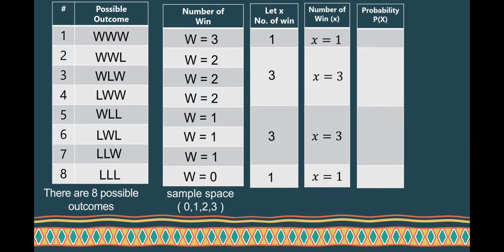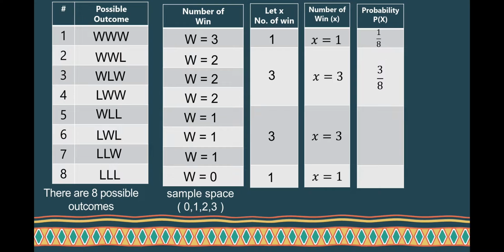Now, let's try to find the probability, that is P of x. For 3 wins, which is only 1, that is 1 out of 8 possible outcomes. So therefore, the probability is 1 over 8. In winning 2 games, wherein we have 3, that is 3 out of 8 possible outcomes, so we have 3 over 8.